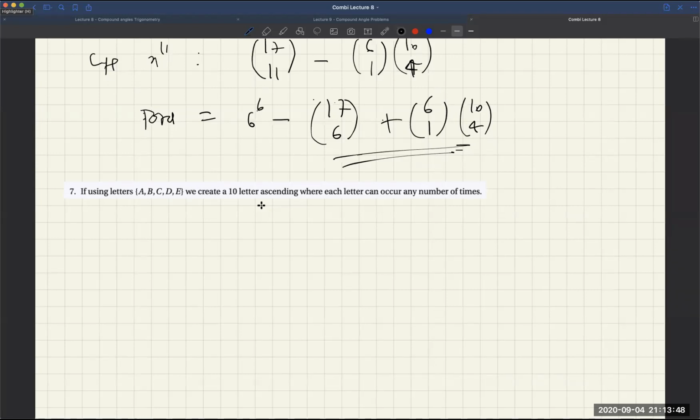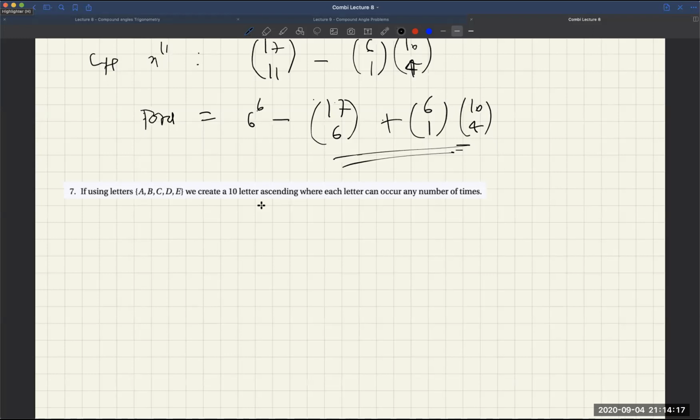Sir, do all the letters have to come? Since it is not said, missing is allowed in that case. Actually, if an ascending sequence is not stated otherwise, then missing is allowed. Here missing is allowed.